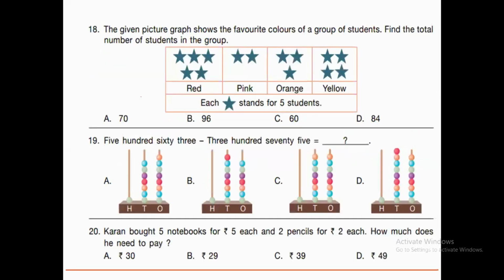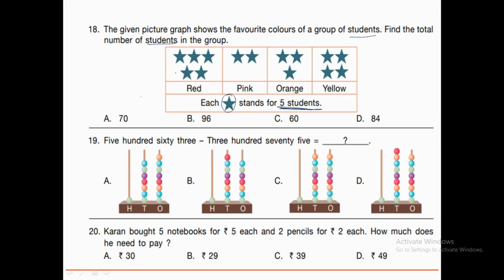Okay, let's move to the next question, which is question number 18. The given picture graph shows the favorite colors of a group of students. Now we need to find the total number of students in the group. The first thing that we need to notice is that one star equals 5 students.